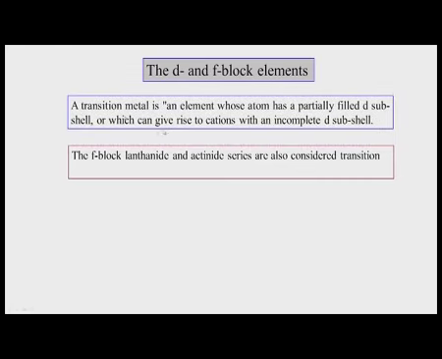So, by definition a transition metal is an element whose atom has a partially filled D subshell. The occupancy of this D subshell is important, and it can give rise to cations with an incomplete D subshell. So, if it can give rise to cations which have an incompletely filled D subshell, then that particular element we consider as the D block element.